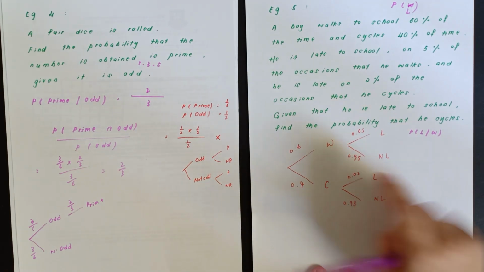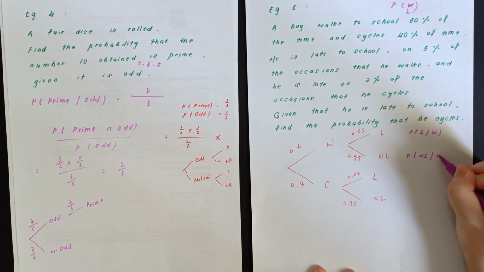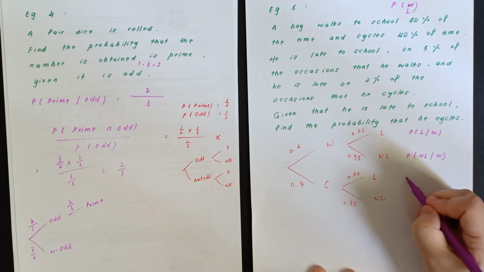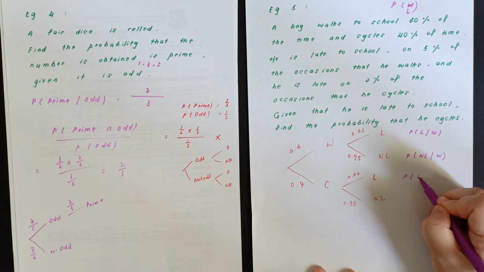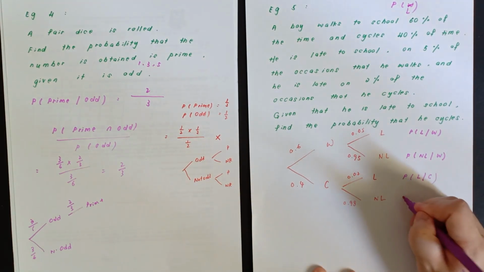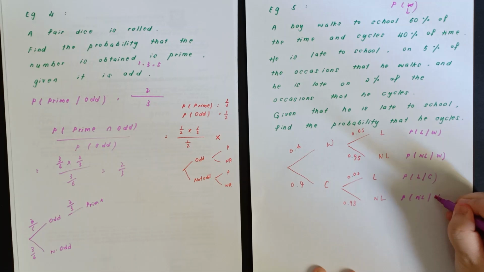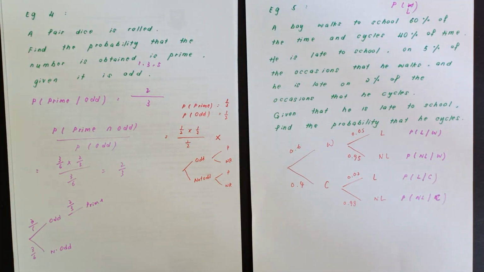So the 0.95 here is the probability that he is not late given that he walked. 0.02 is the probability that he is late given that he cycled. So this one is not late given that he cycled. Okay, you get the idea?